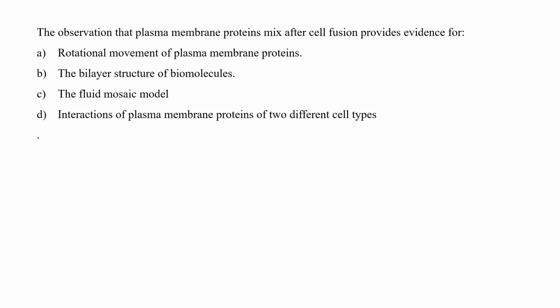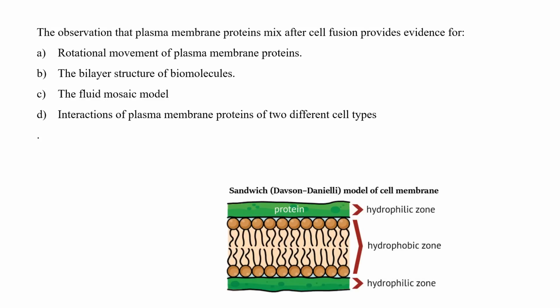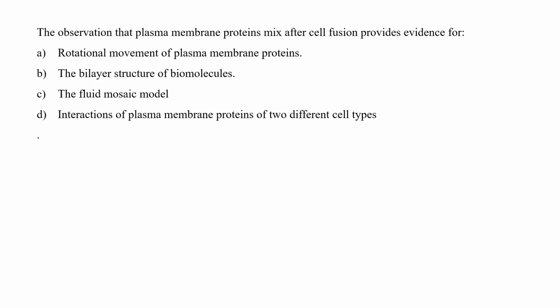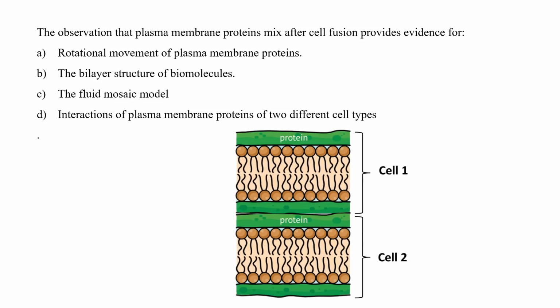Davson and Danielli proposed a tri-layer model of the lipid bilayer membrane, which suggests that the lipid membrane used to be sandwiched between two protein layers. Now, when two cells fuse, as per their model, the protein layer must get locked between the two lipid bilayer layers.